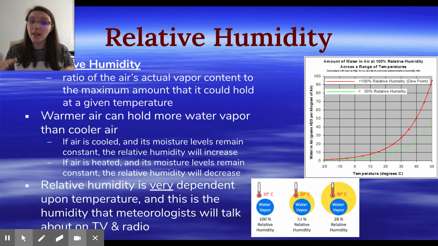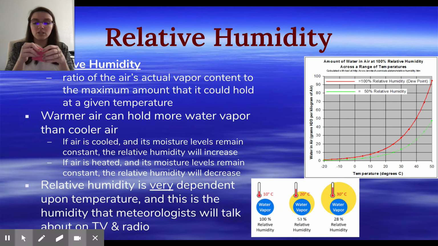A really helpful way to visualize humidity is to have a sponge handy. This sponge represents all of the air in a given spot, and the pores within the sponge are the spaces that can be filled by water vapor.